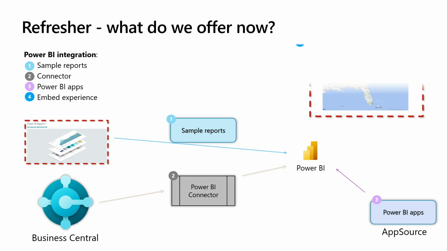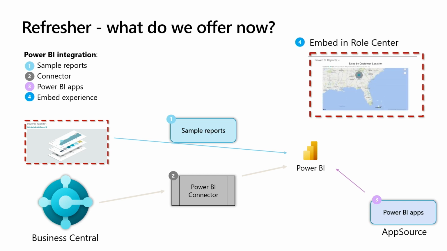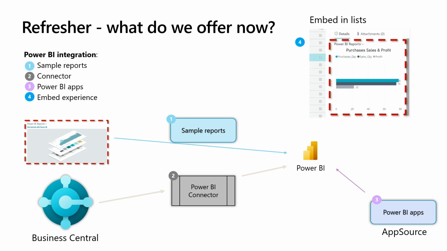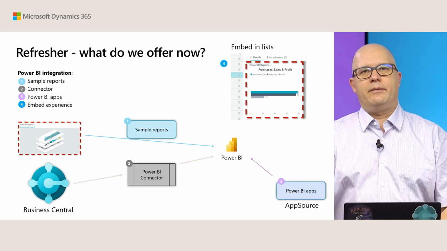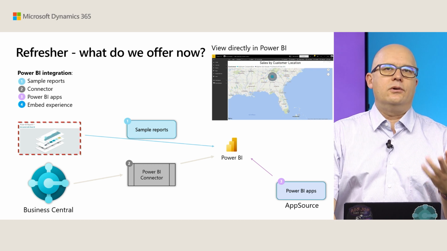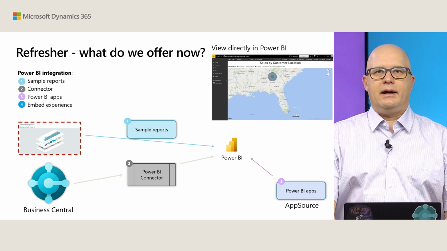You can download them into your Power BI service. And then however you do that, you can look at your reports embedded in Role Center inside Business Central. You can look at them also embedded in lists, so several lists in Business Central have the ability to view Power BI reports. And then, of course, you can look at that in Power BI directly.